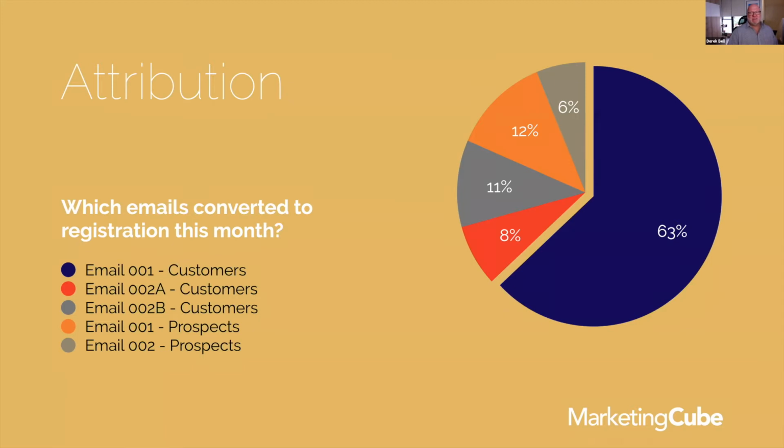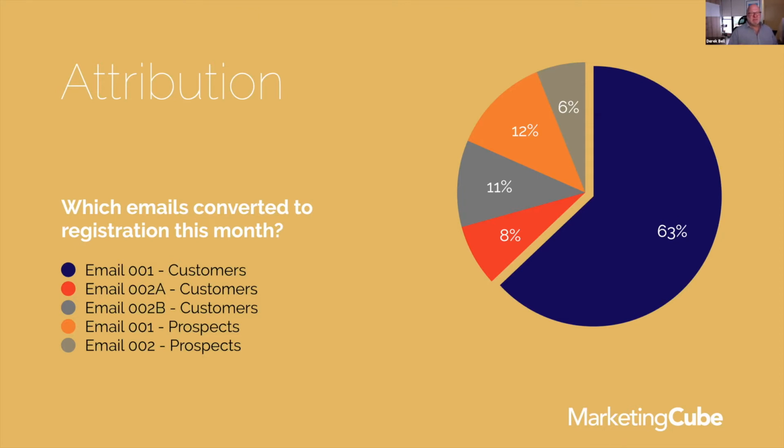So what you can see from here, and this is pulled directly from the form, is which of the emails actually converted. We have a configuration set up, and it's actually a reasonably standard configuration within Eloqua. It pulls the lead source information. I'm going to say lead source because there's lead source, lead medium, and lead campaign, I think it is. But we can see the first email, which goes to customers, drove 63% of the conversions.